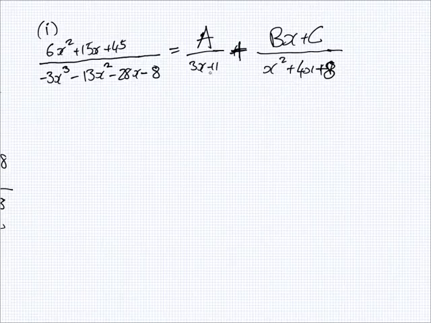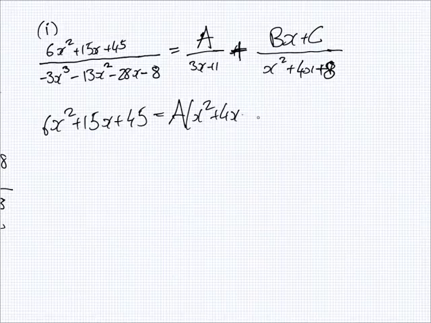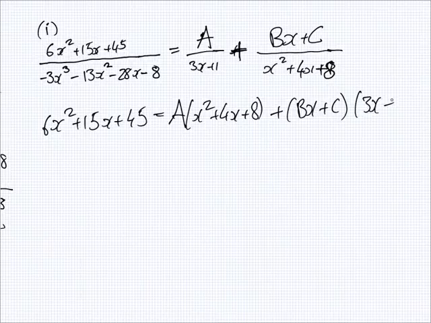When I multiply by the factors, I'm left with 6x squared plus 15x plus 45 equals a times x squared plus 4x plus 8 plus bx plus c times 3x plus 1.